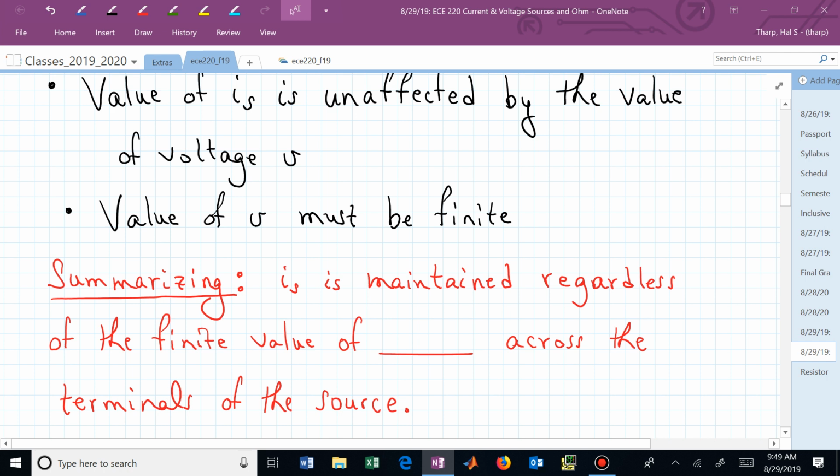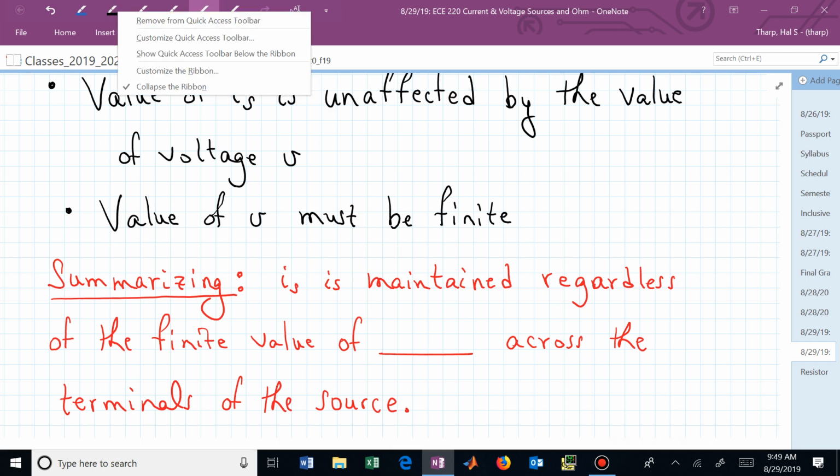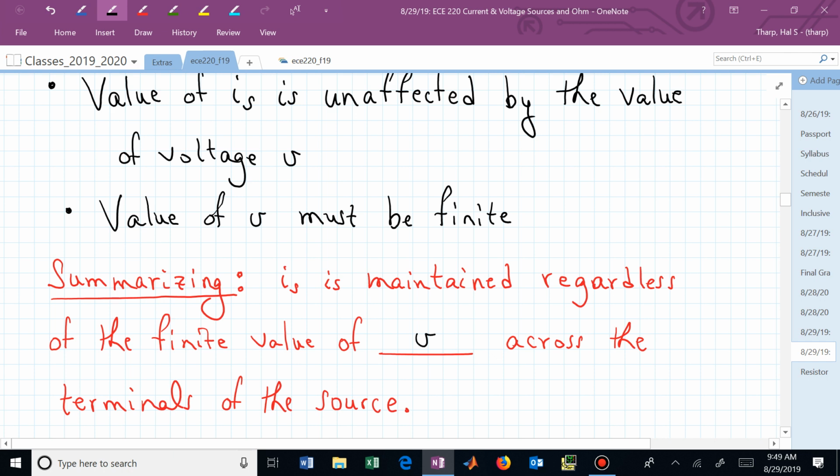A current is through an element. So we can complete that sentence by saying the voltage: it doesn't matter what that voltage is, as long as it's finite, I sub S is going to be maintained on that ideal current source.